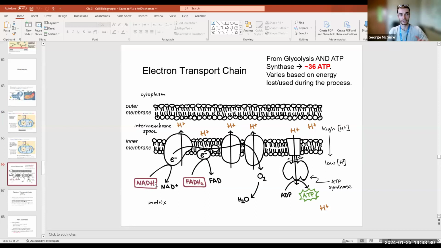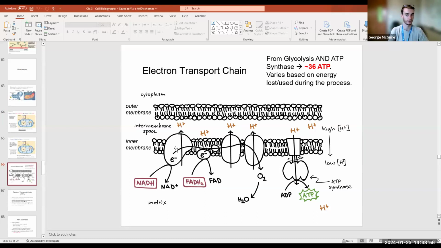So as far as detail of what you should know about NADH and FADH2, I just want you to know that they are electron carriers. They are essentially intermediary energy carriers for cellular respiration. They carry the energy in the form of high-powered electrons. Those electrons get donated to our electron transport chain, which causes the chain reaction that leads to the generation of ATP.